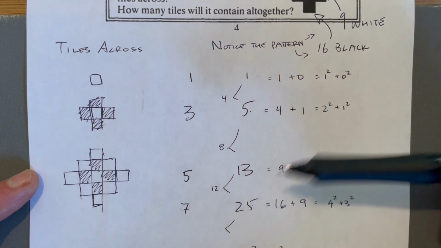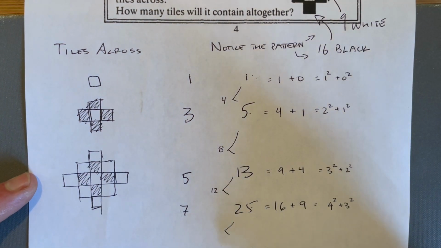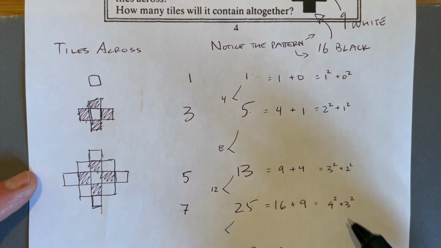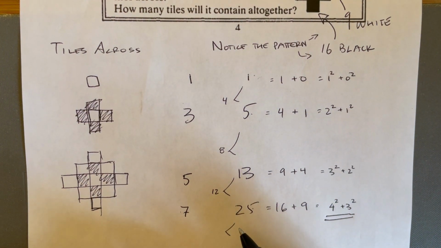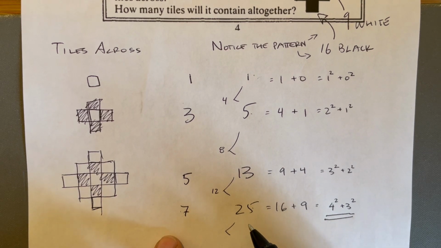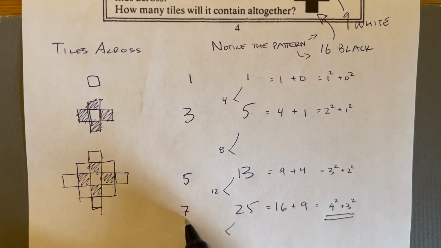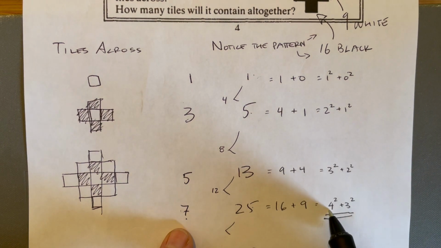And if you do that, you could keep it going for a little ways and look for a pattern. And the pattern is just that for the 4th one, or the 7 across, it's going to be 4 plus 3, each of them squared.